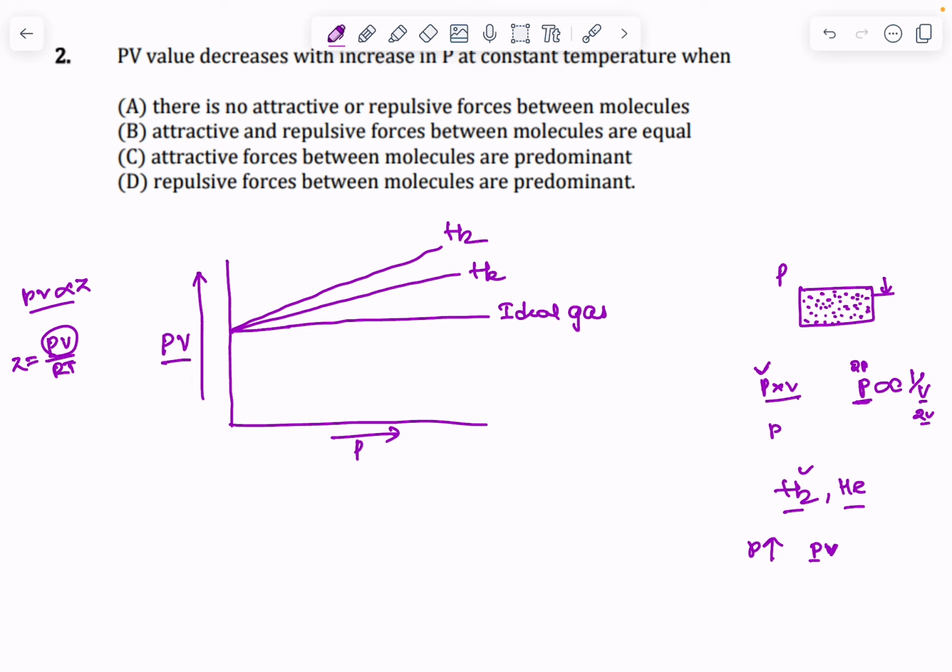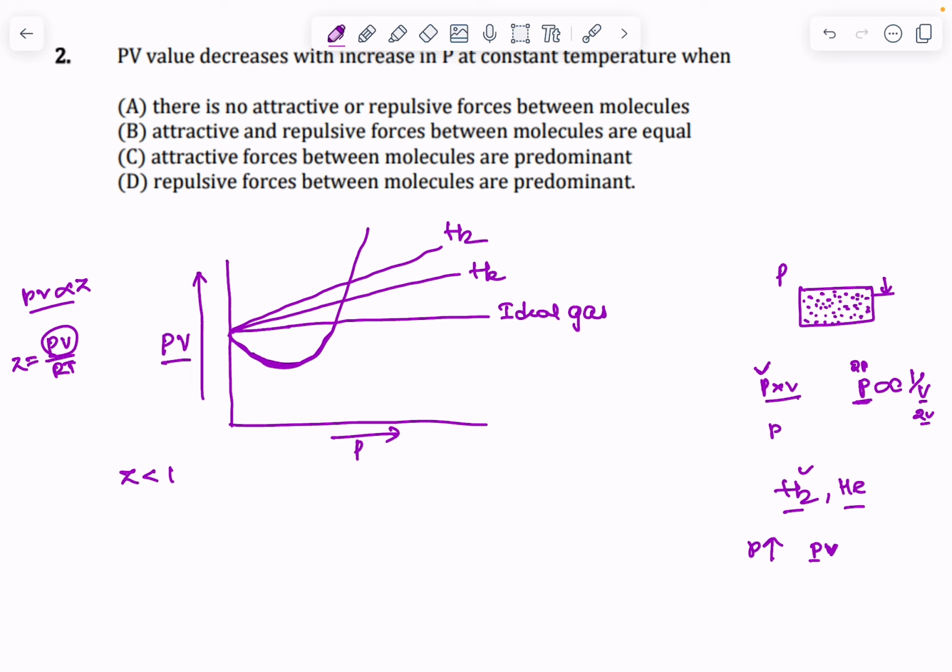If you take carbon dioxide or ammonia, we will get a negative slope first. Negative slope means Z value is less than 1, PV by RT. More attractions are there, means they attract each other and they liquefy.